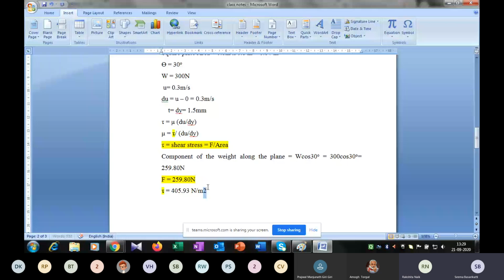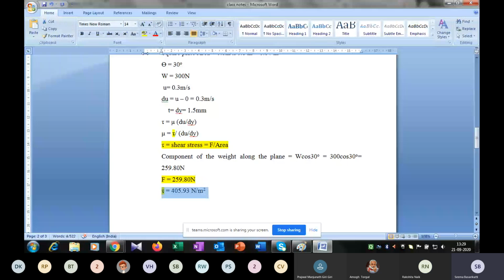So Newton per meter square is the unit of tau. Hope all of you have got the same answer. Only a few of them are replying. What about others? Sushmita? Yes, ma'am. Okay. What is the next step now?